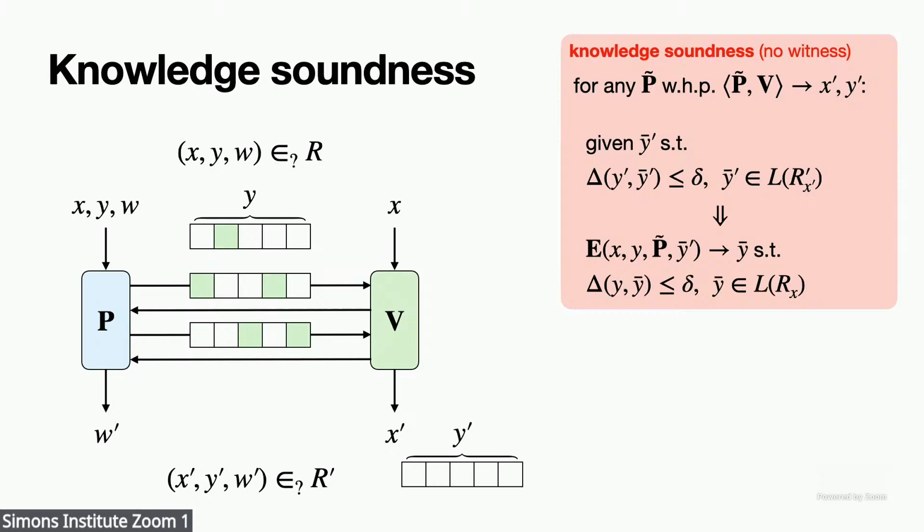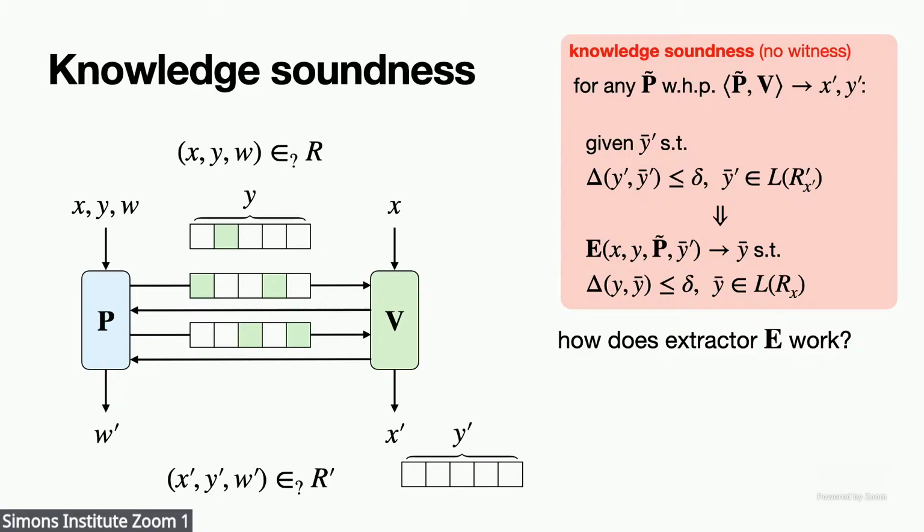Okay? So recall in soundness, we only guarantee that if the old thing was far from the language, the new thing is going to be far from the language as well. Here I'm saying if the new thing is close to the language, and moreover we know why it is close to the language because we have y bar prime here, then we can extract something which explains why the old thing is close to the language.